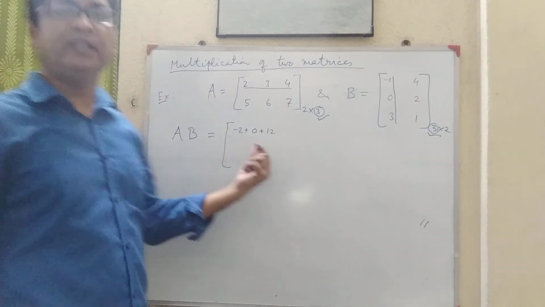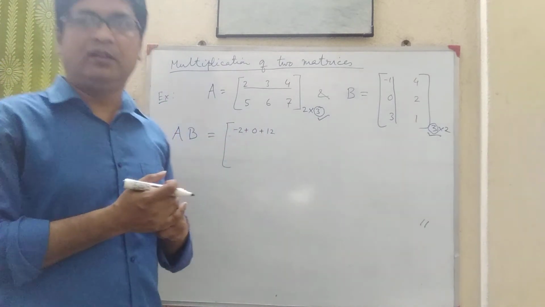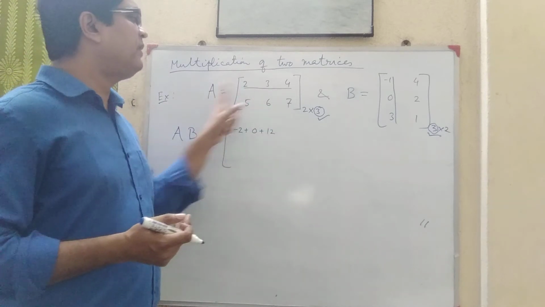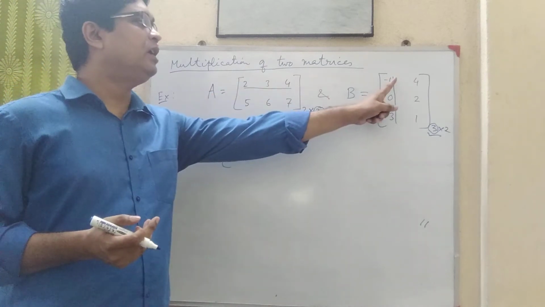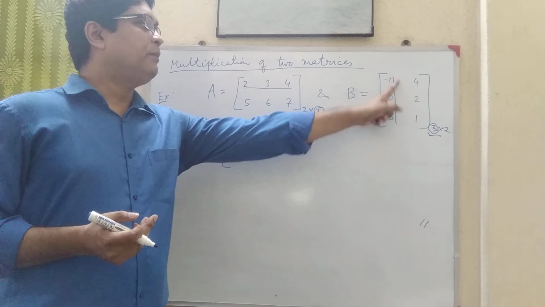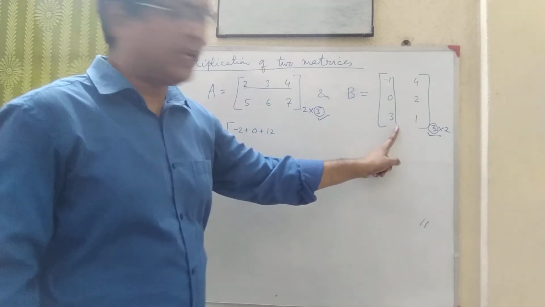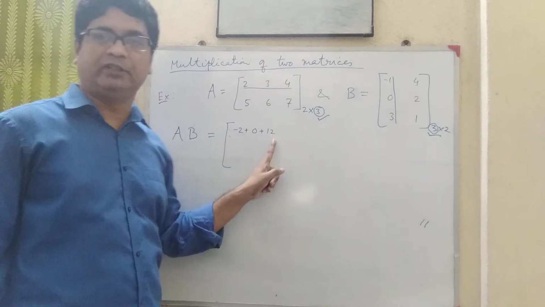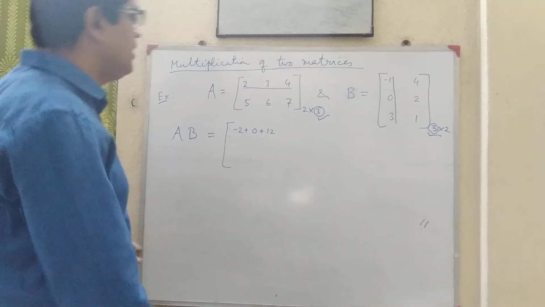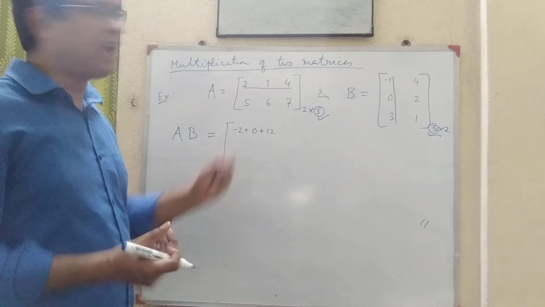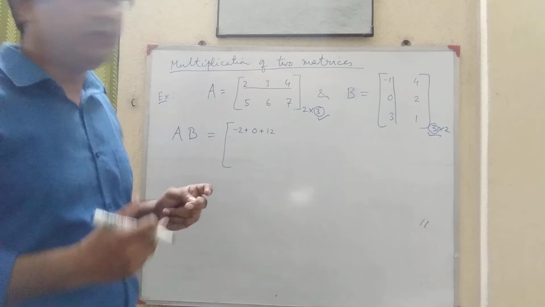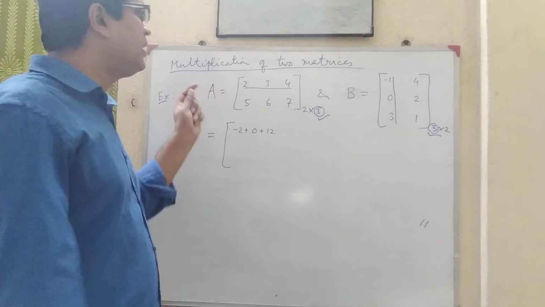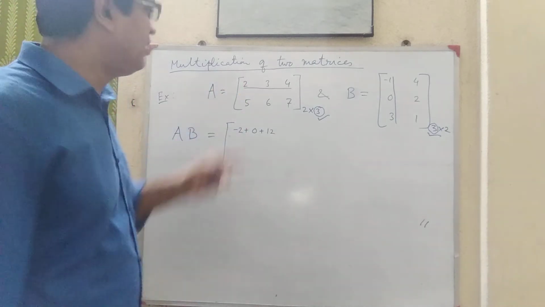This is called the inner product between row and column. So first row of the first matrix should be multiplied with the first column of the second matrix, and first row, first column you write in the 1, 1 position of the result matrix. You actually know this operation, you learned it in class 10, so you just have a revision.